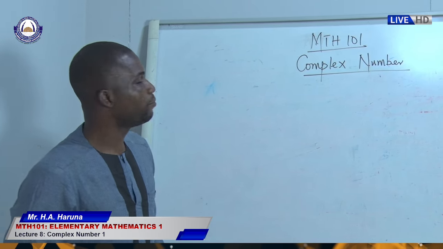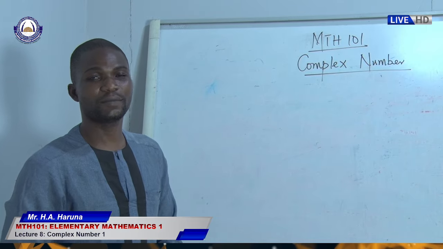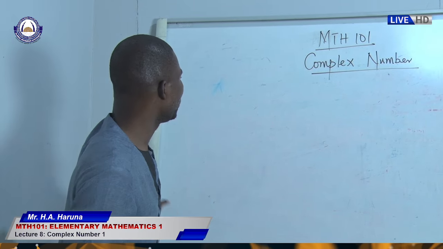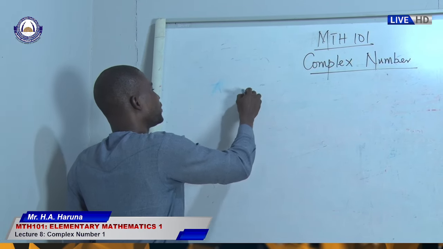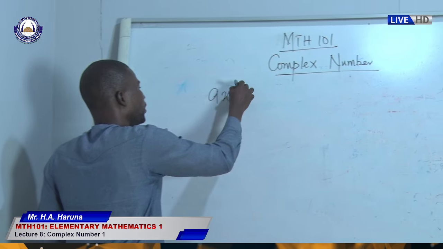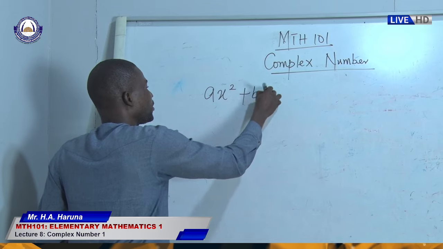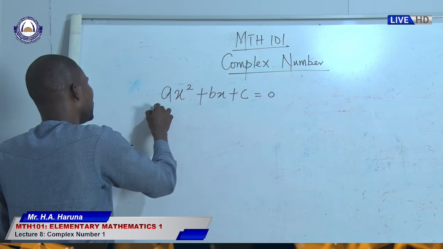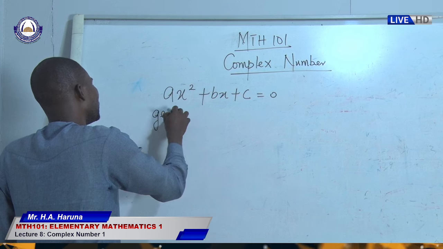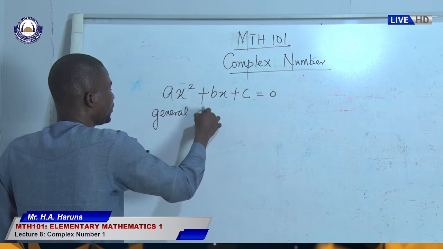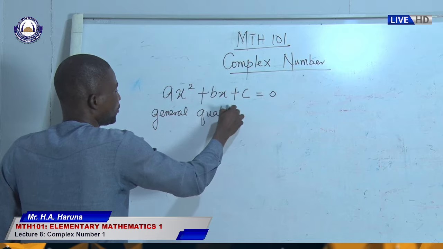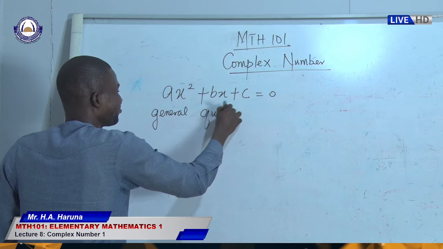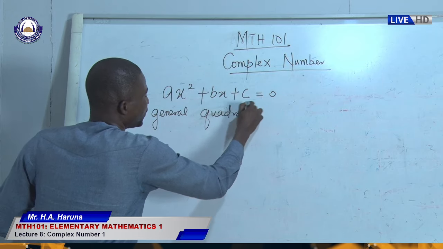From our previous class titled Theory of Quadratic Equation, we discussed the general quadratic equation ax squared plus bx plus c equals 0.